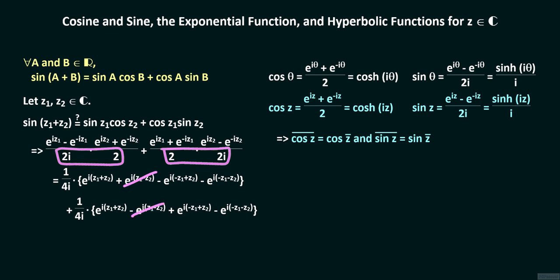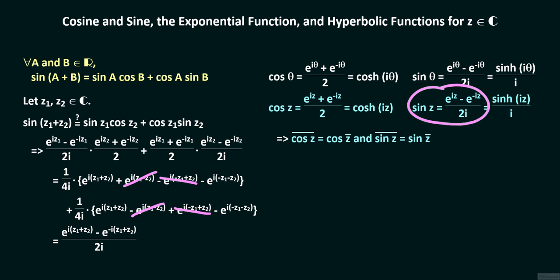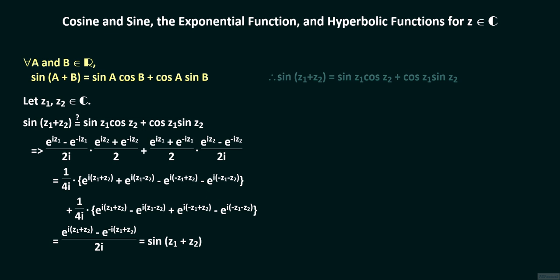Some terms within the brackets cancel out, and we're left with this fraction, which is what we'd get if we were to apply the formula for sine z to z1 plus z2. So the identity for the sine of the sum of two real numbers holds for the sum of two complex numbers. A similar strategy should lead to the identity that cosine of z1 plus z2 equals cosine of z1 times cosine of z2 minus sine of z1 times sine of z2.